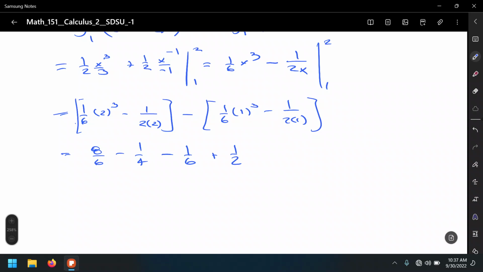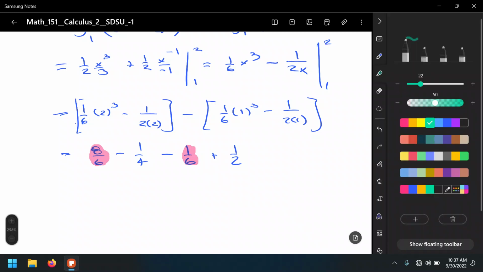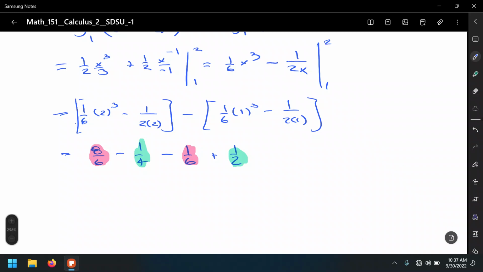All right? Let's combine these numbers together. How about we combine 6ths with 6ths, and this is basically 4ths with 4ths, okay? So 8 over 6 minus 1 over 6, isn't that 7 over 6? And 1/2, take away 1/4. That's going to be 1/4. All right, so let's combine these fractions together by finding a least common denominator.